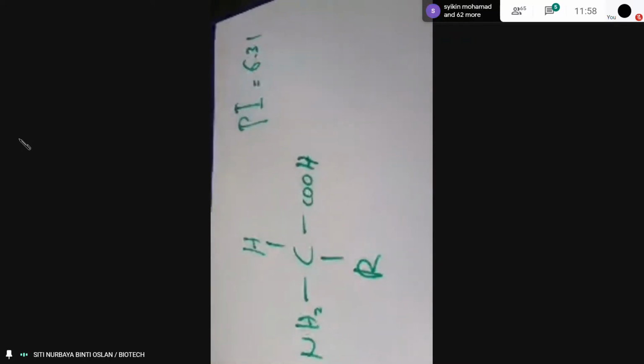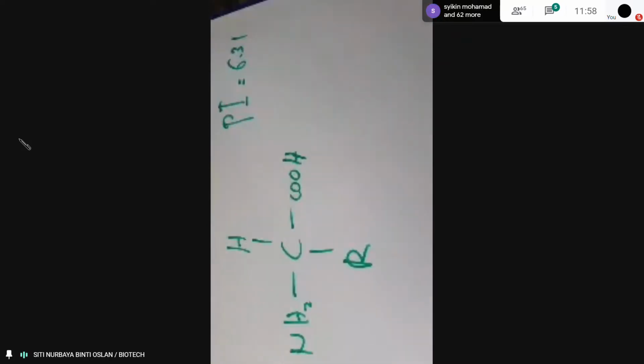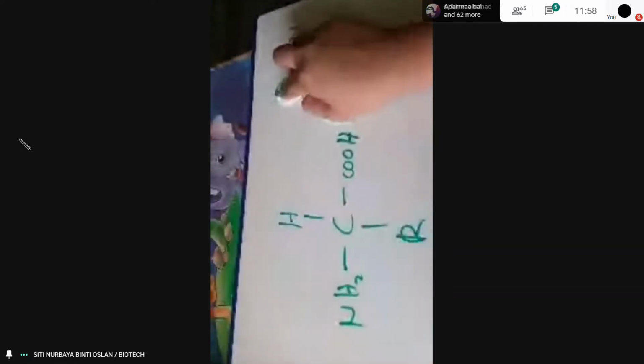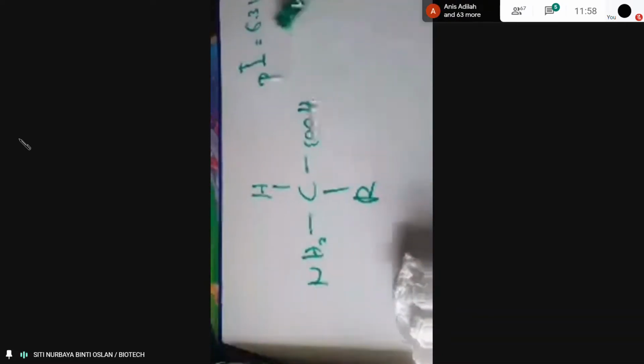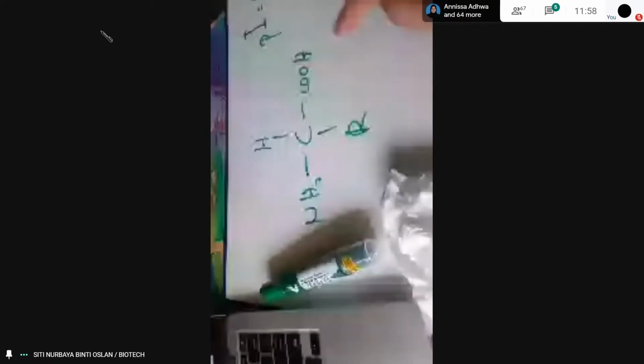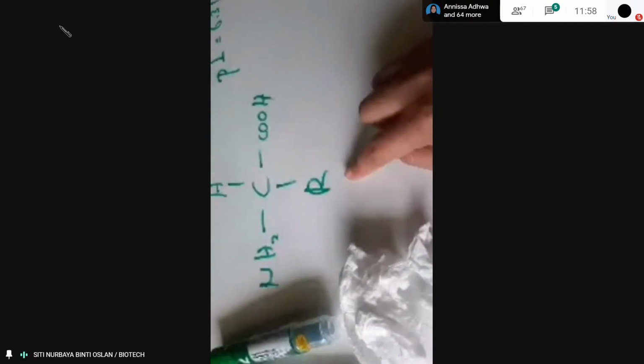So imagine you have a peptide, it will come with a different PI. So the PI depends on the R group.